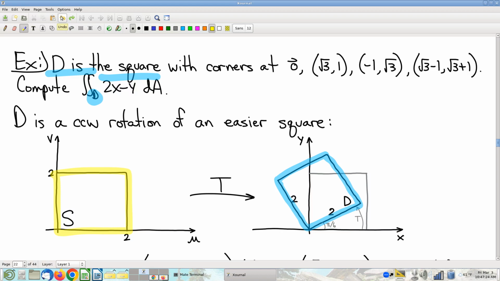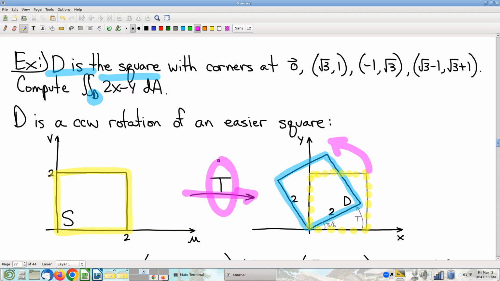Now, I say it's counterclockwise just for the visual effect. Let me point out this is kind of what you might think of as the original square, and notice that it is literally a counterclockwise rotation. That's what our T is. This rotation that turns the yellow square into the blue square is counterclockwise. Is everybody good?